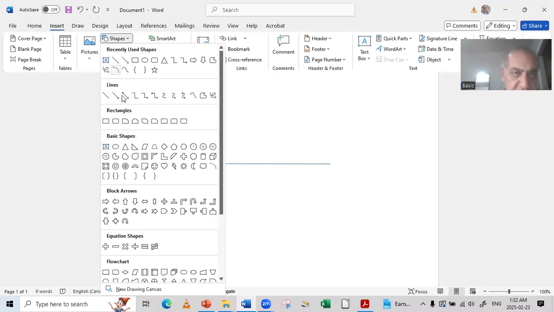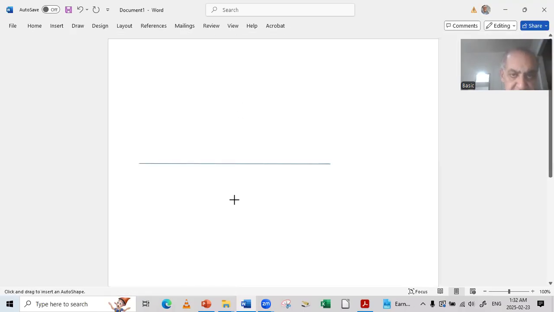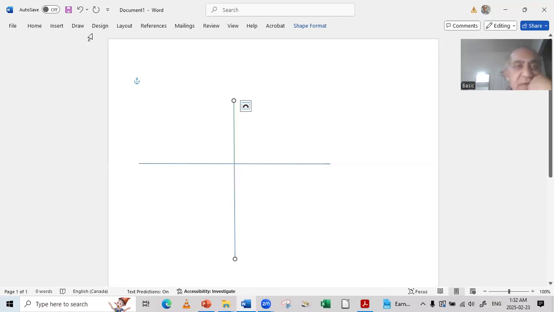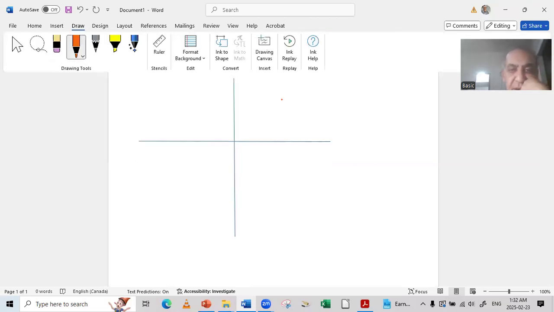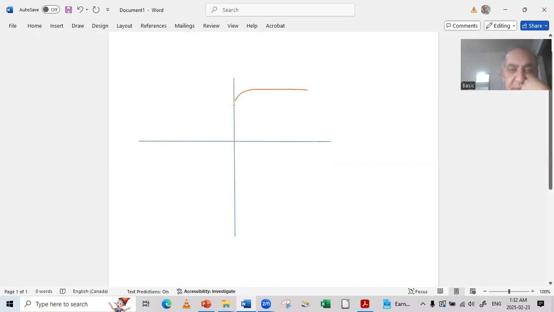Now if I graph any figure, let's say a curve like this, this is a function.